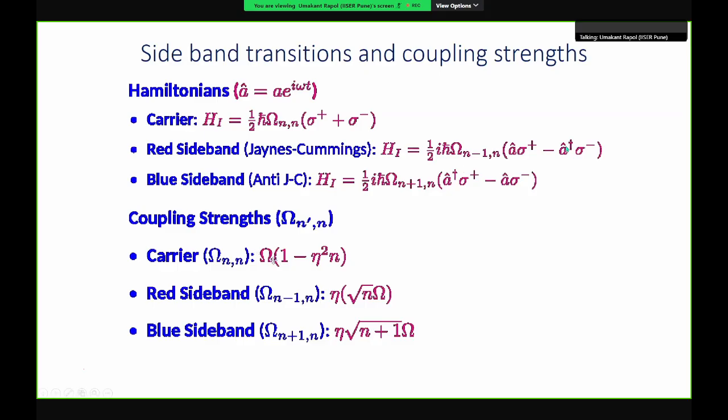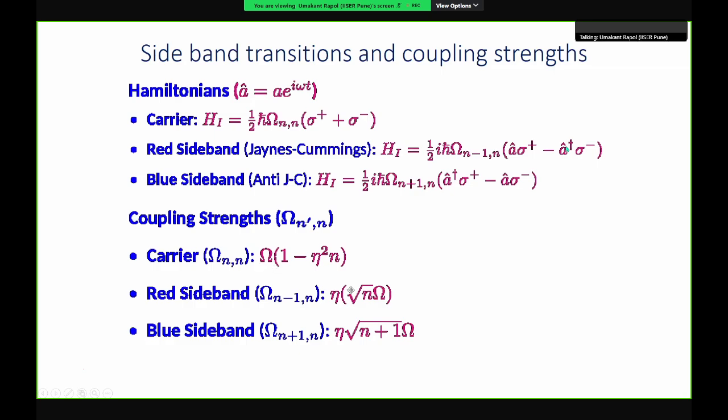Now, from here, the coupling strength for the carrier, which means when you are not exciting any motional mode, depends on which level n you are in the harmonic oscillator, and it scales as 1 minus the Lamb-Dicke parameter squared times n. So if you are in n equal to 0, the lowest vibrational state, the coupling is the highest.